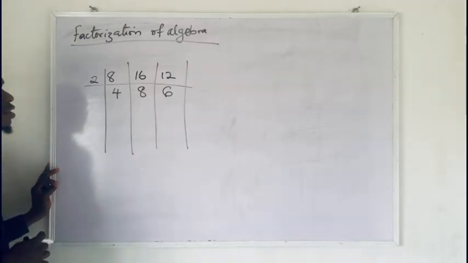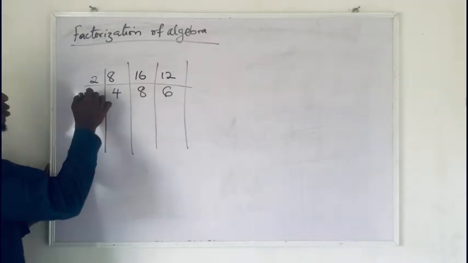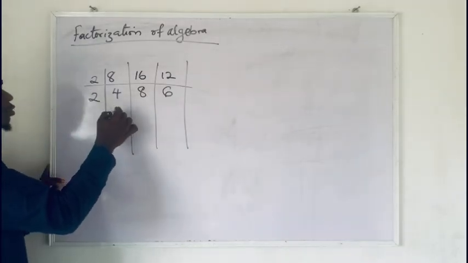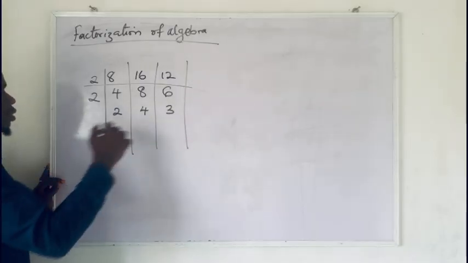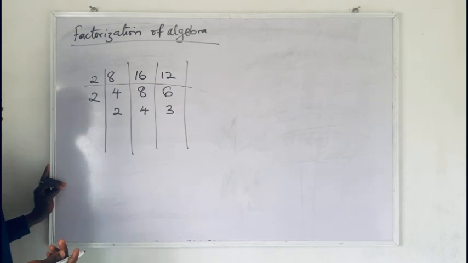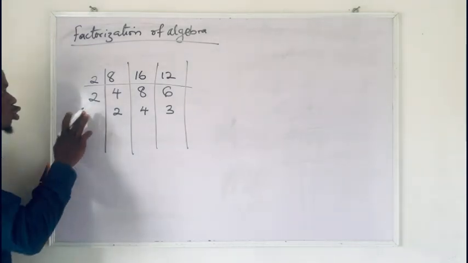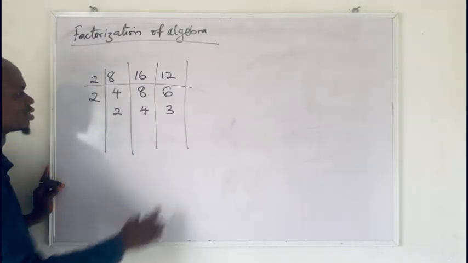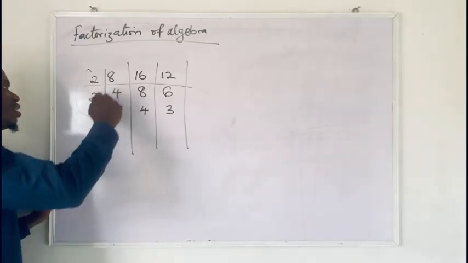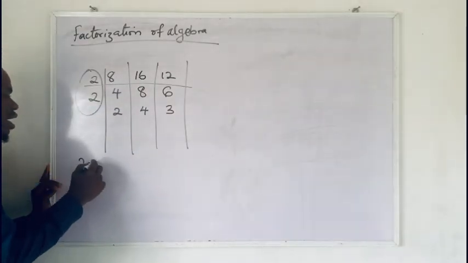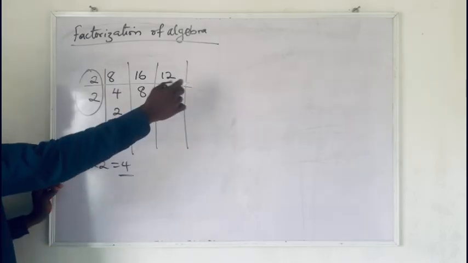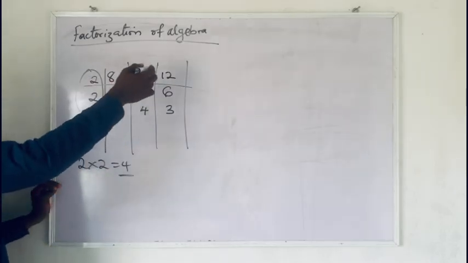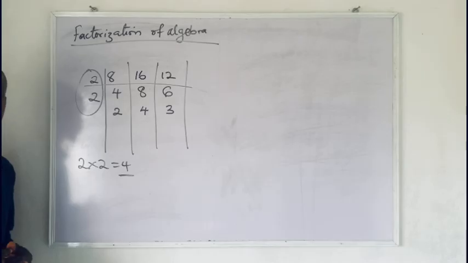What else can divide? 2 again. 2 here is 4, 2 here is 8, 2 here is 6. What can divide again? Nothing. There's no number again that can divide everything you are seeing here. So the highest common factor between 8, 16, and 12 is 4.